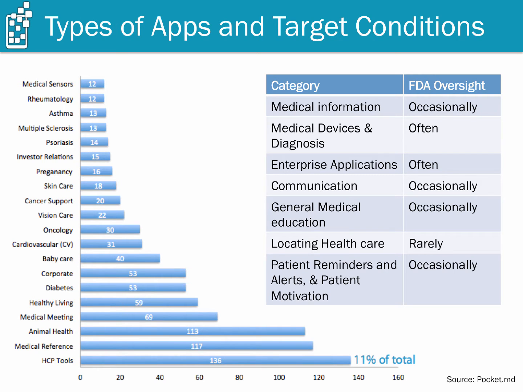So this slide is targeting what are the different types of apps that are out there and what kind of conditions they are being used for, and what I've done is break these down into different categories. There are apps that have medical information on them.